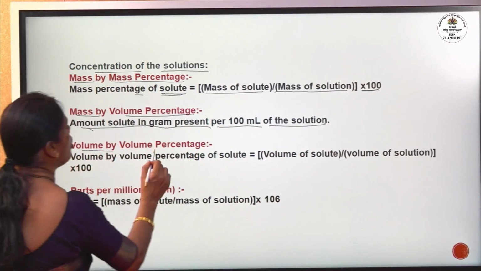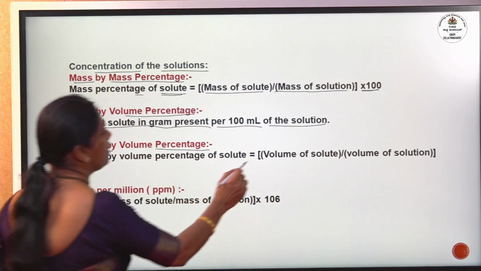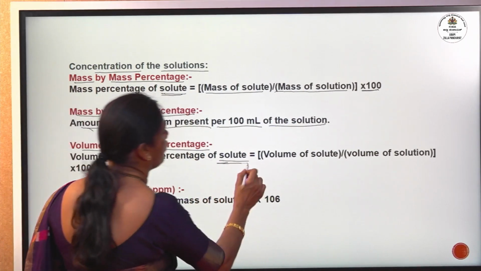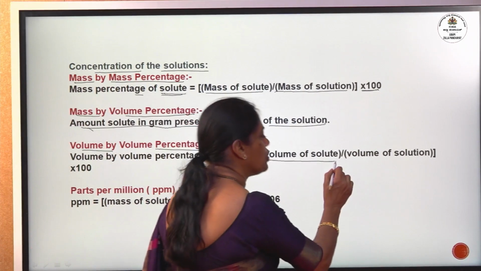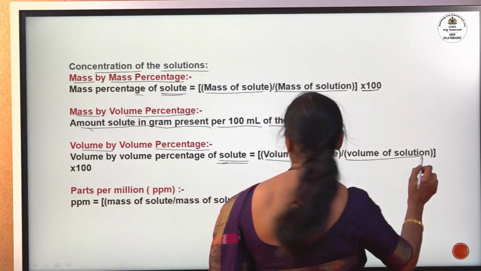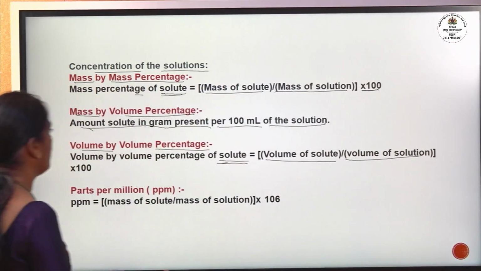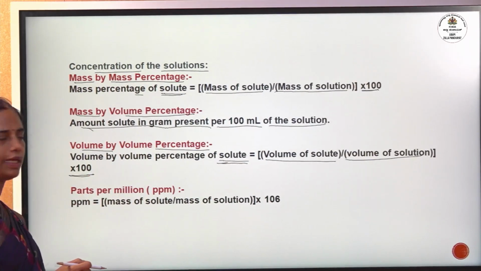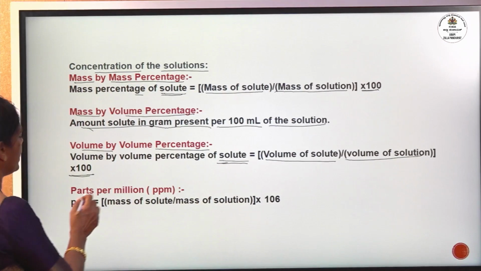Volume by volume percentage is volume of the solute by volume of the solution into 100, since it is percentage.